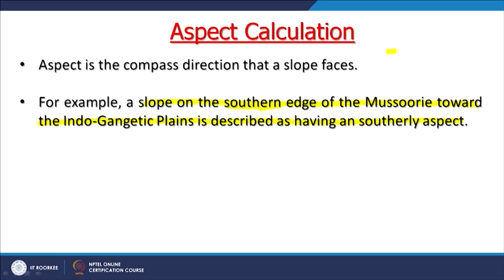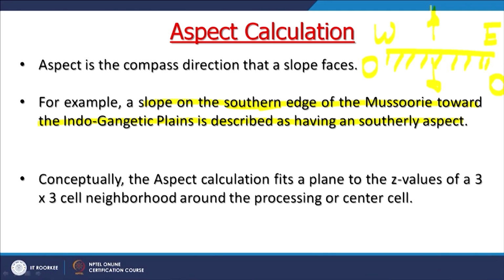Roughly the ridge runs east-west, and if I am looking towards the south, then this sloping surface is southward, or we also say sun facing slope, because in the morning the sun is here, and in the evening the sun goes somewhere here. So, the entire day the south facing slope faces the sun, whereas the north facing slope on the other side will have hardly any sun except at noon time.